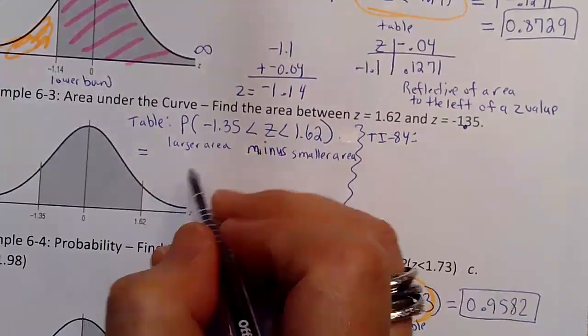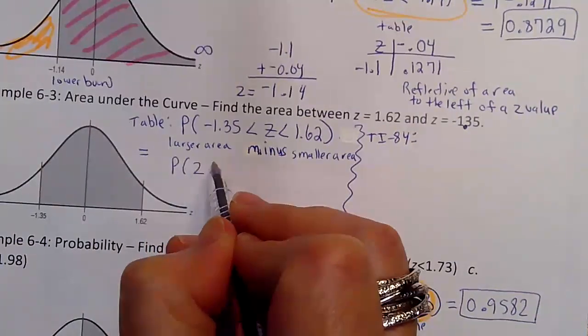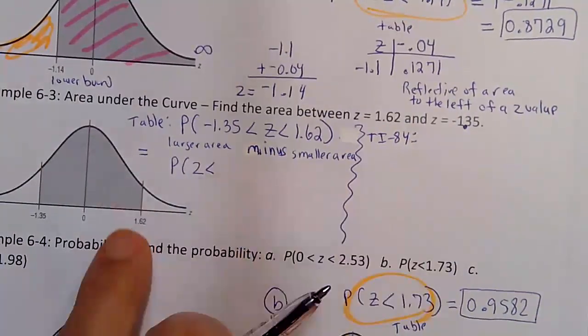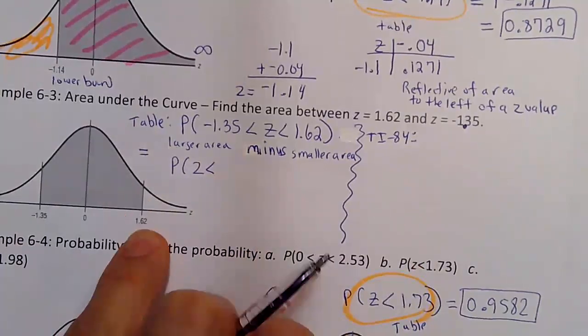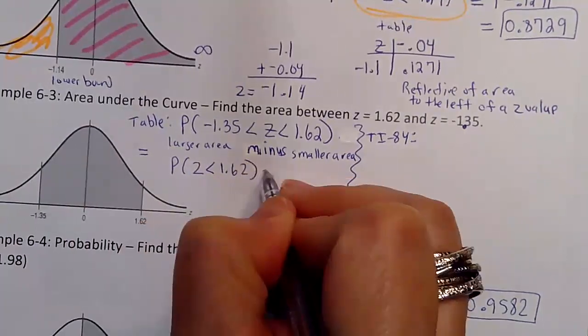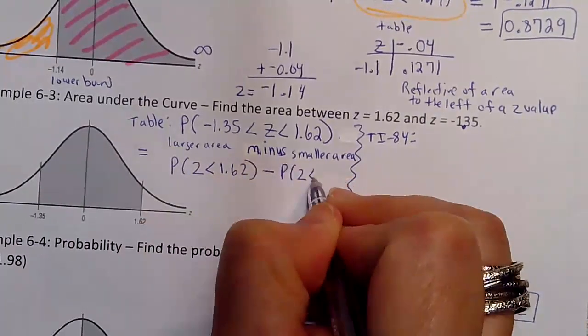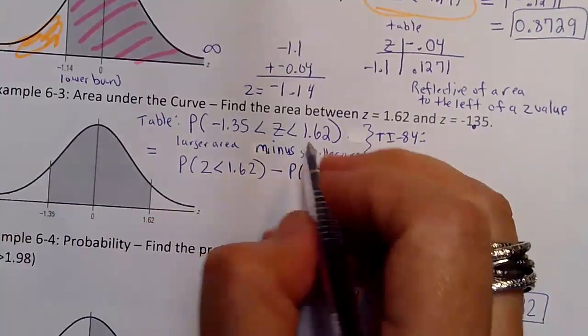So when we do that, we set it up this way. Probability Z is less than, the larger area is all of this, so less than 1.62. And then you're taking away the probability that Z is less than this little area, negative 1.35.